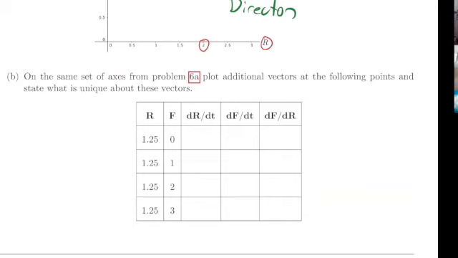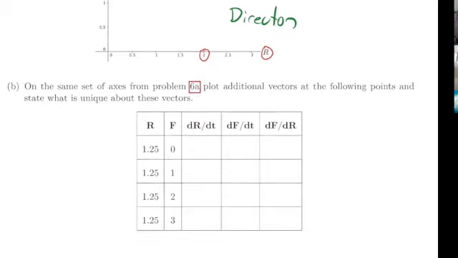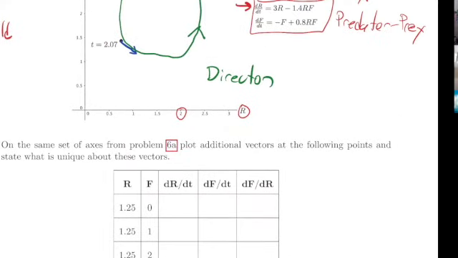Okay, so then let's check some of these. So right, we can fill in vectors everywhere throughout the plane if we want to, like we can with a slope field. So I can plug in these other values. And one thing that you might notice is if I plug r equals 1.25 into df/dt, I actually get 0 always, no matter what r is.